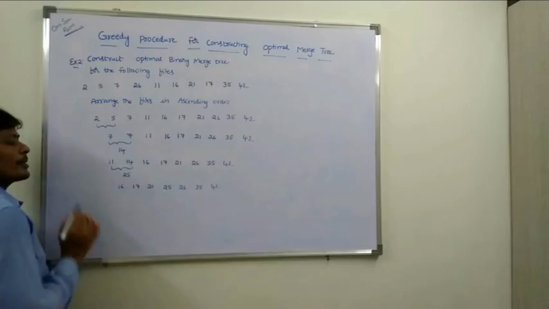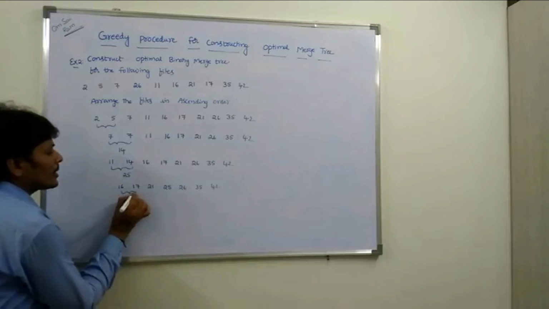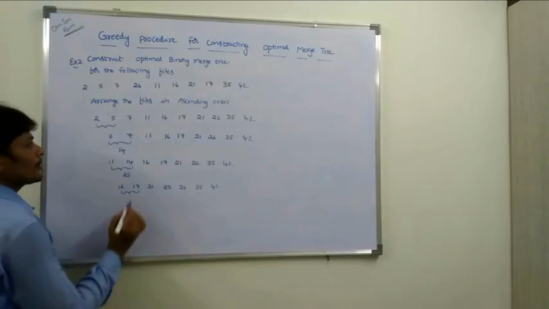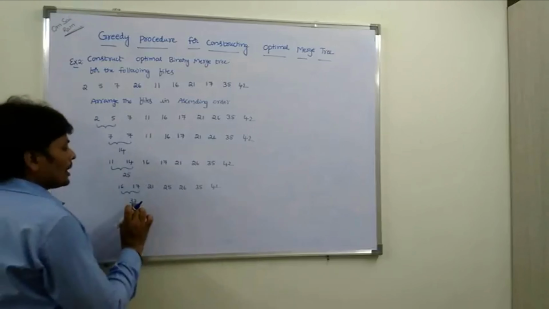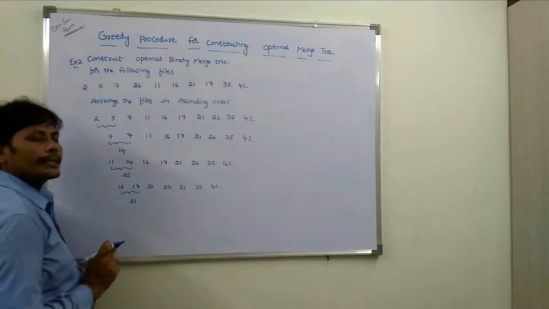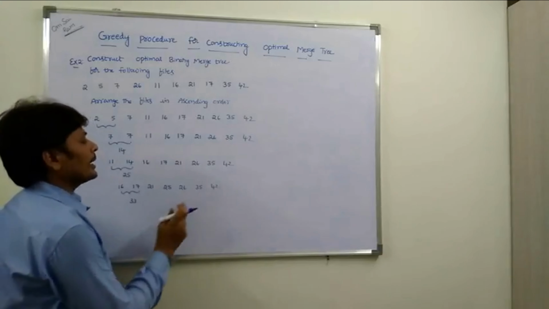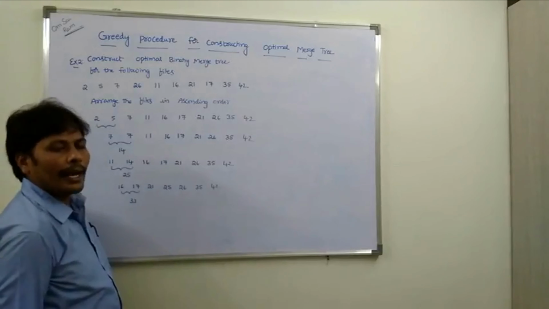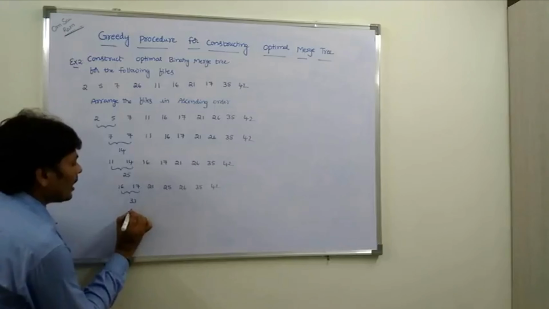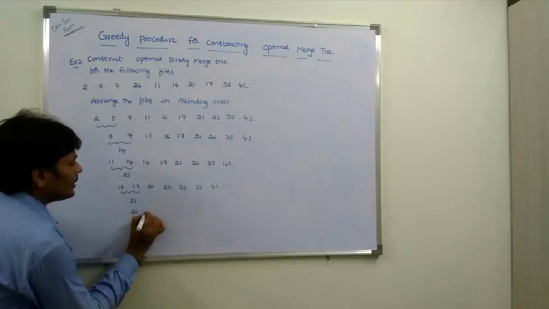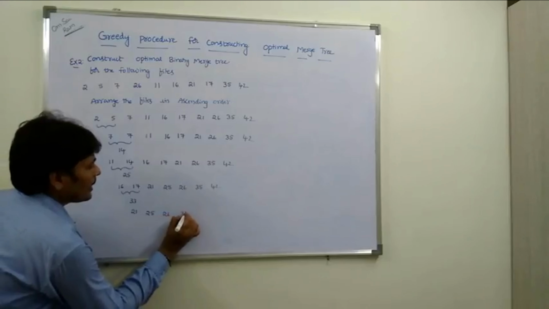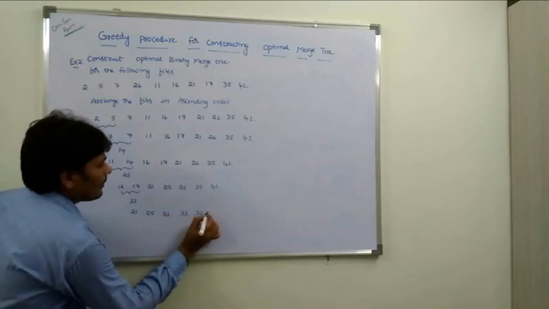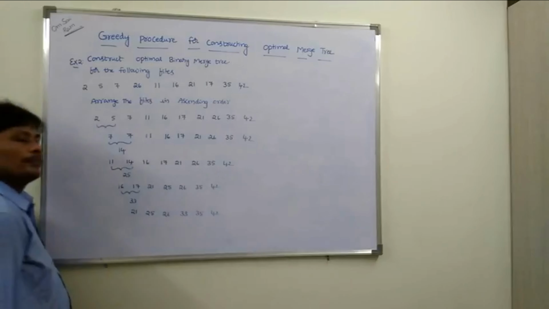Now the smallest two files are 16 and 17. So that is 33. The merged resultant value is inserted into the list at its correct position. Now the list is 21, 25, 26, 33, 35, 42.